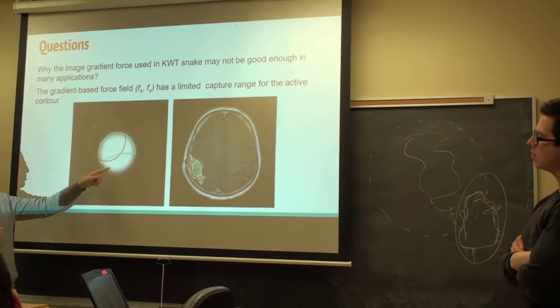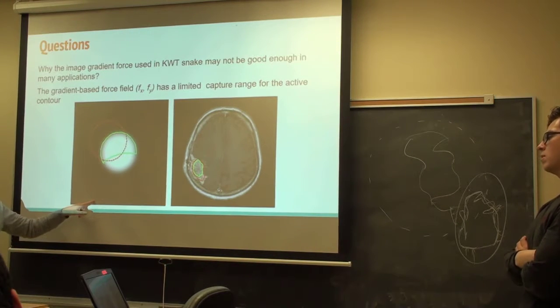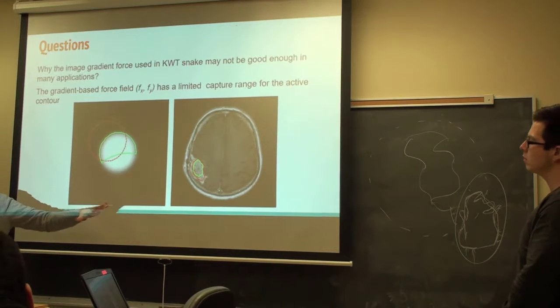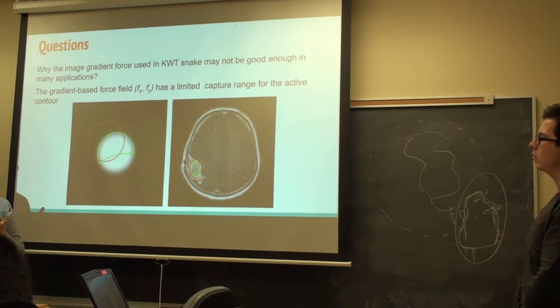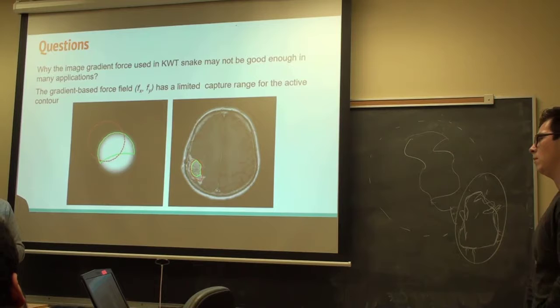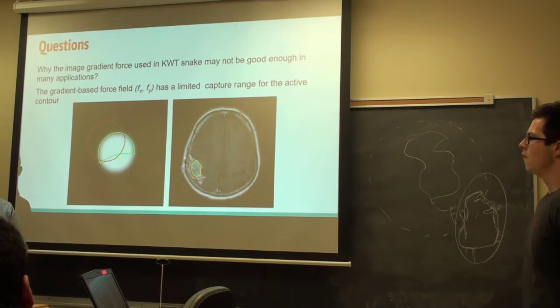So you can continue the same gradient also here, and also here. So you can spread the field all over the place. How can you do that? Using some sort of smoothing, or even anisotropic diffusion, which spreads the entire thing all over the place.